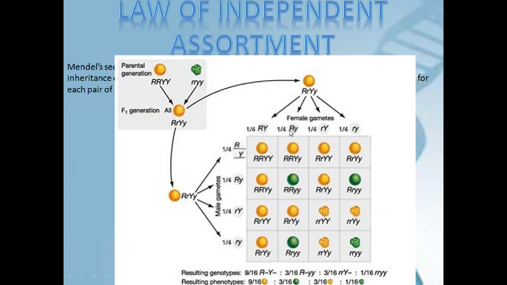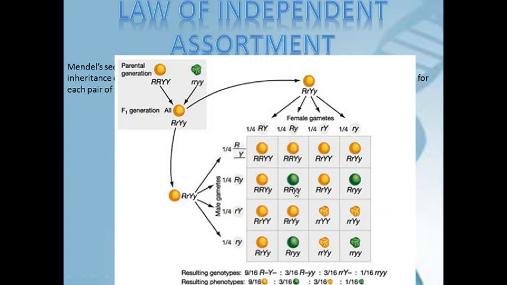RY into Ry, we will get RRYy. In this way we can multiply and find out the progeny of the F2 generation. This plant will be round and yellow, because round and yellow is dominant. This plant will also be round and yellow, again because it is dominant.